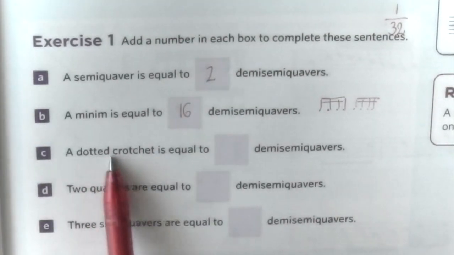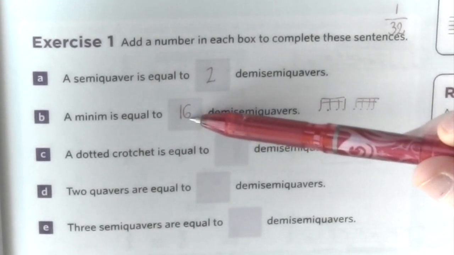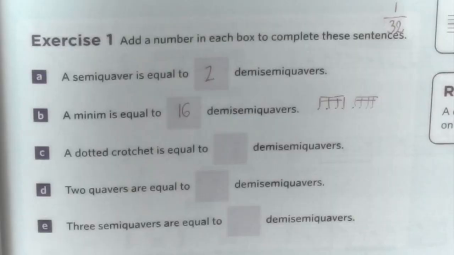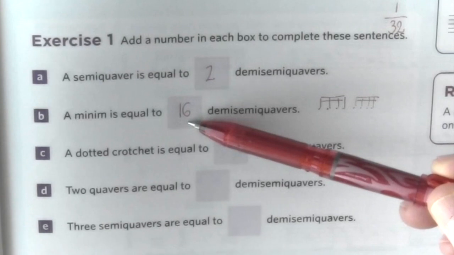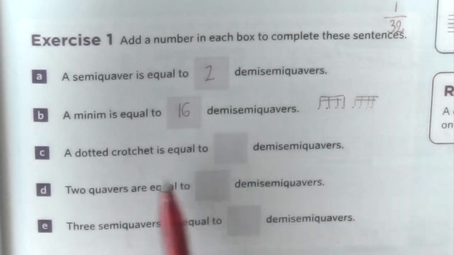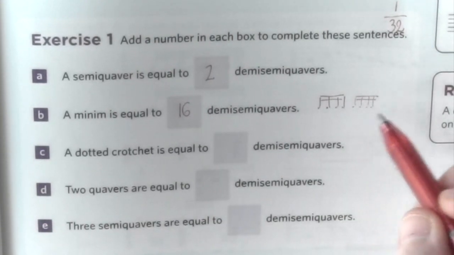In the same way, we can consider the crotchet. So to make a crotchet, that will be 8. But because it's dotted, we need to add half of a crotchet. So that will be 8 plus 4, therefore 12. Now, to get to 12, we can also do this.